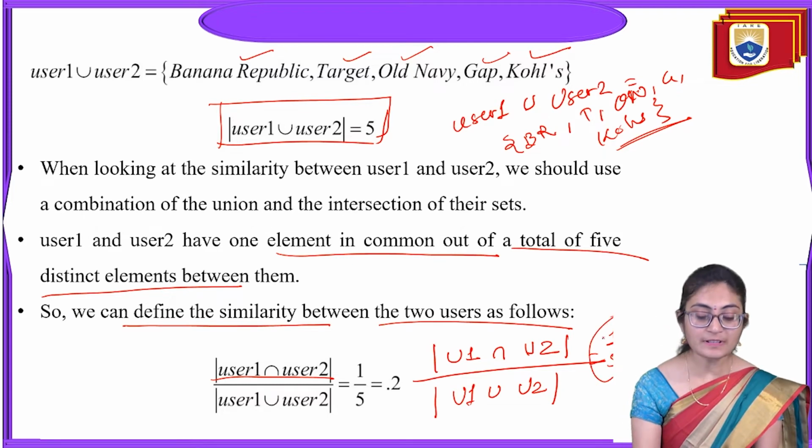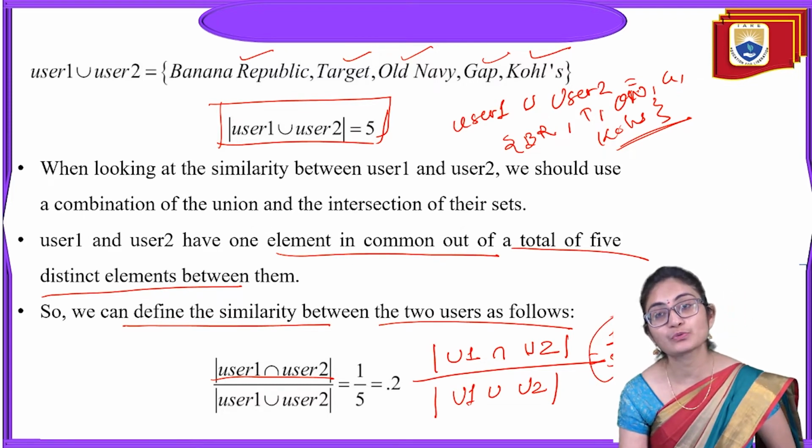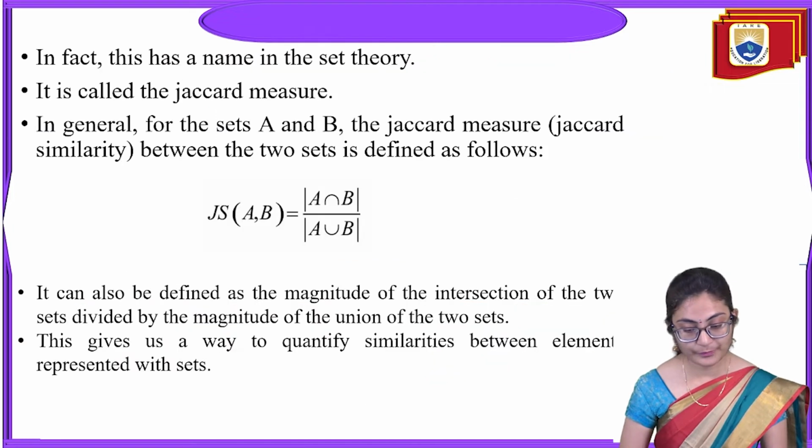We find the magnitude of the intersection, and after that the magnitude of the union. The magnitude of the intersection of user 1 and user 2 is only 1, and the magnitude of user 1 union user 2 is 5. That means the similarity between the two users is 1 by 5.